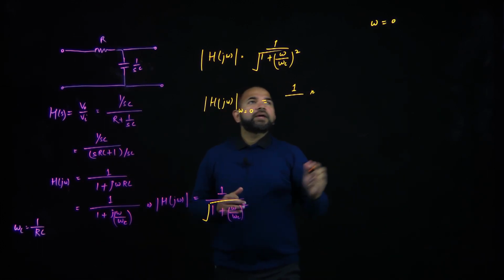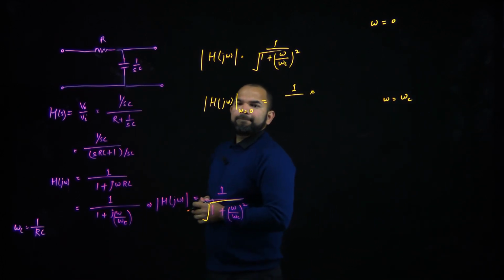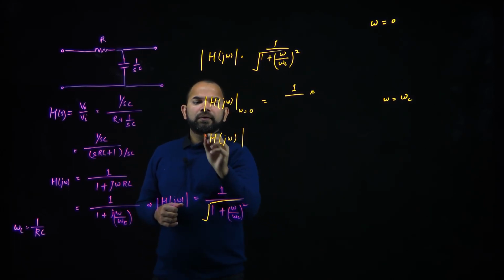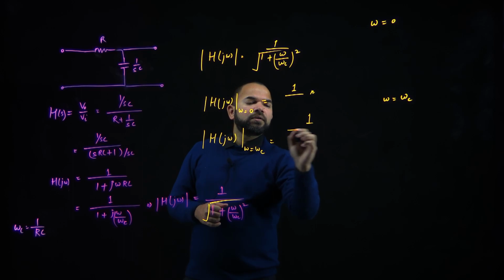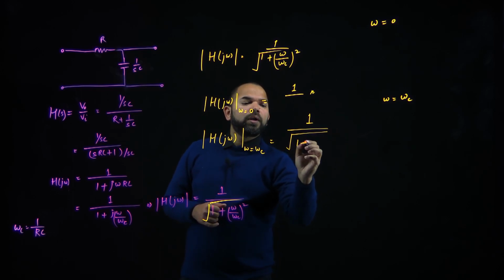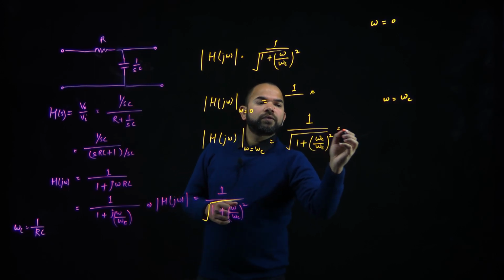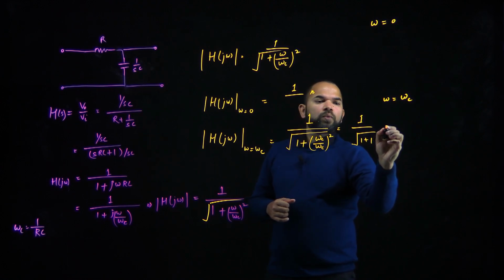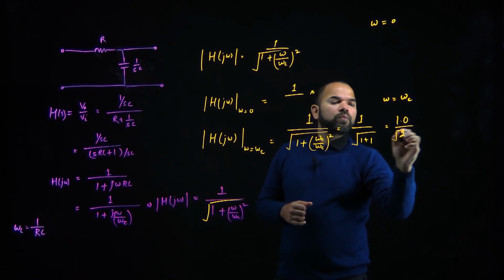Now, if we assume omega equals omega c, and we solve H of j omega at omega c, this is going to be 1 over the square root of 1 plus omega c divided by omega c, squared. So this is going to be 1 over root of 1 plus 1, which equals 1 divided by root 2.